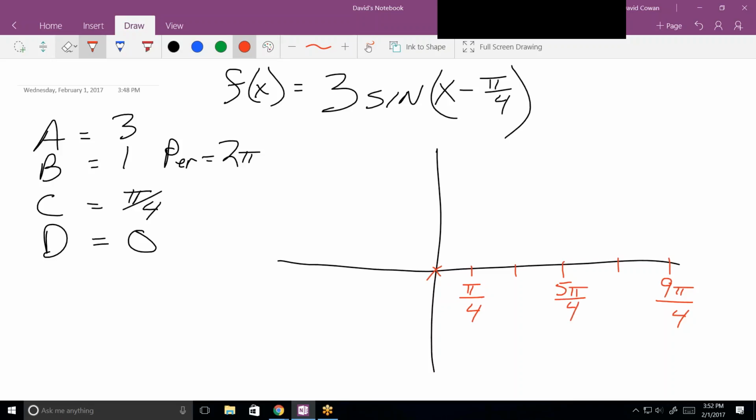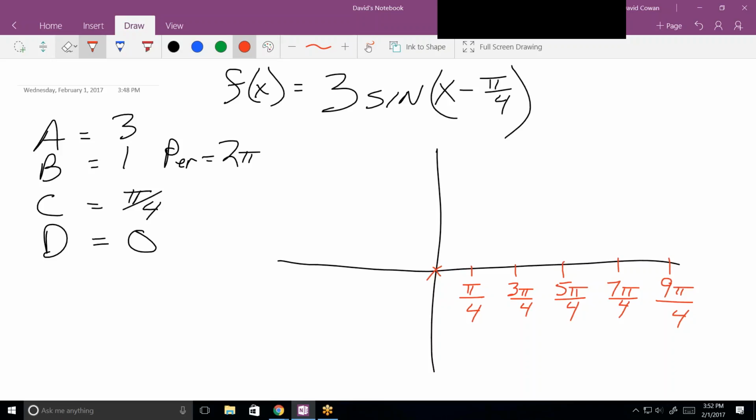And then what goes in between these two? 3 pi over 4. And this one? Halfway between 5 and 9, 7 pi over 4. Not normally all the same denominator.